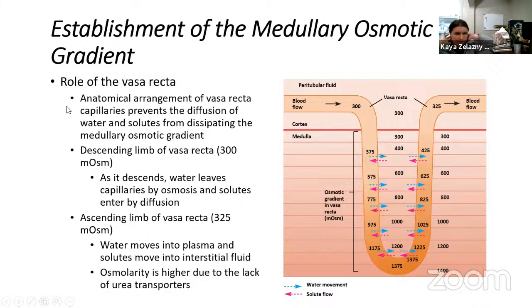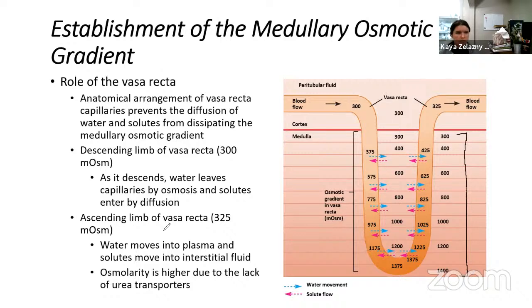So the role of the vasa recta in the medullary osmotic gradient is basically to help keep this gradient from dissipating. We don't want to even out everything in the medulla. So we've established this osmotic gradient. We've put in some effort to create it.